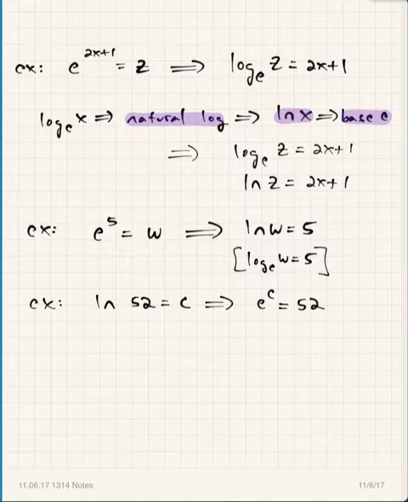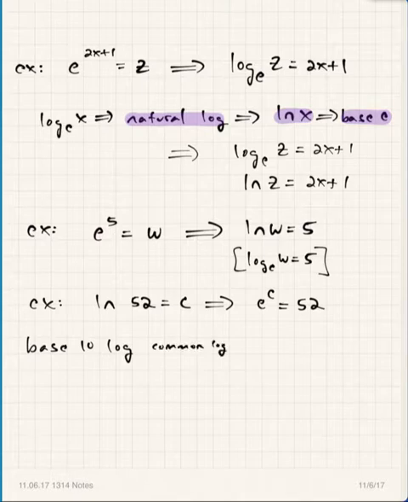All right, so to recap that part, if you have a base 10 log, that is the common log. And instead of writing log base 10 of x, we write just log x.